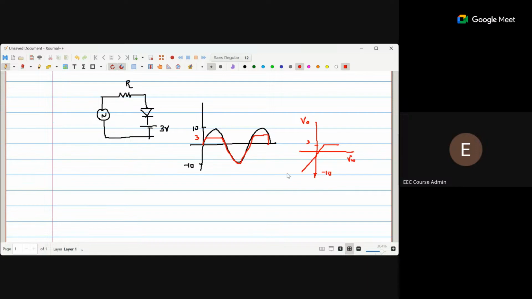This will be the output. So in the negative region, both x and y will be of the same value, is it, ma'am? I mean, output follows the input. Yes, okay. This portion represents the transfer characteristic.